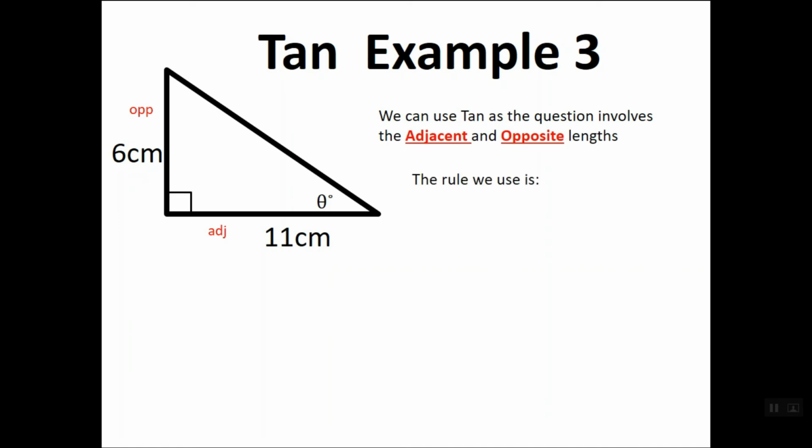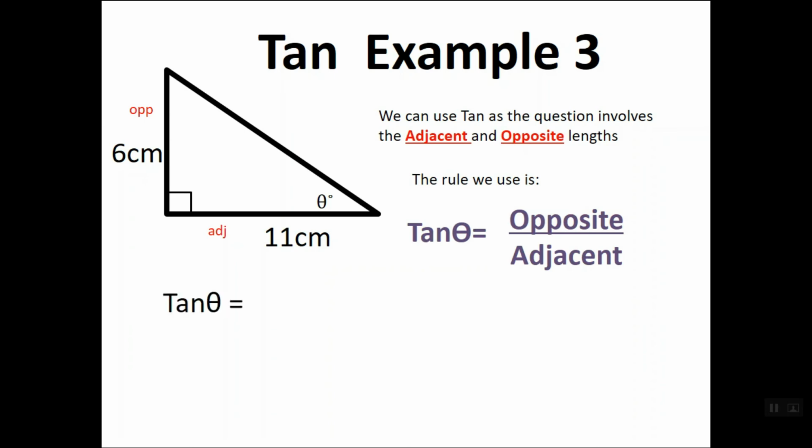Good practice, keep writing your rule. Tan theta is equal to opposite over adjacent. My next step is to substitute everything I know. So tan theta is equal to opposite over adjacent, so that would be 6 centimeters over 11.